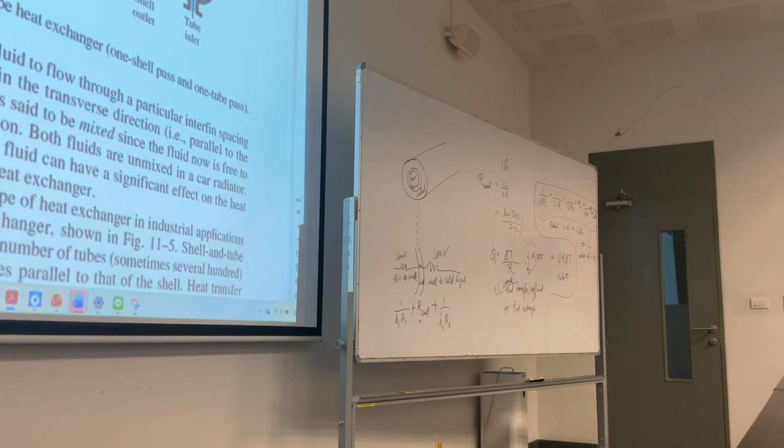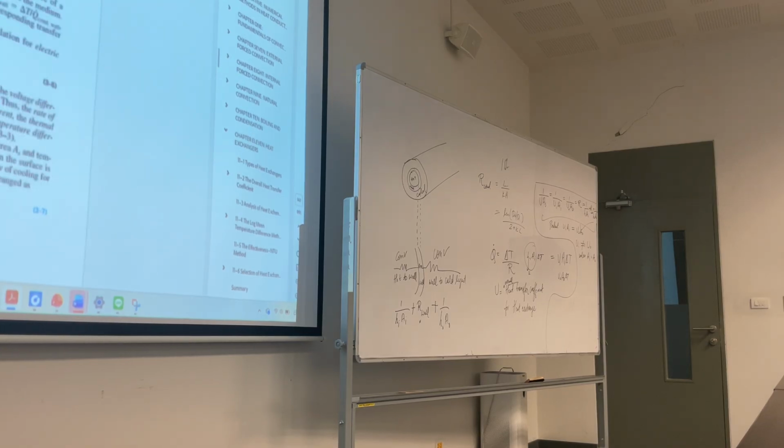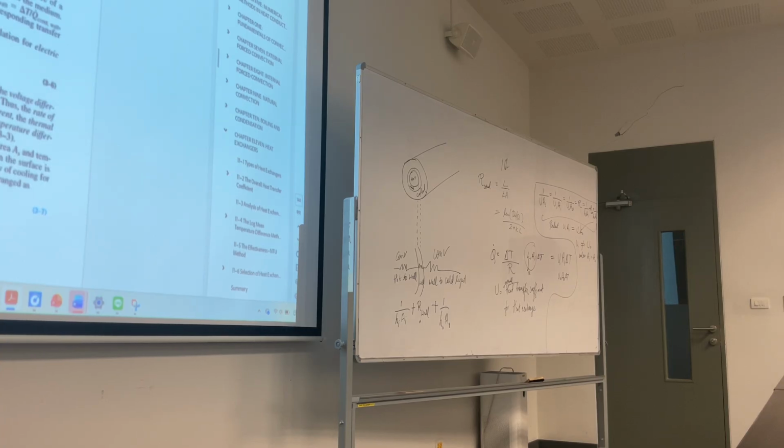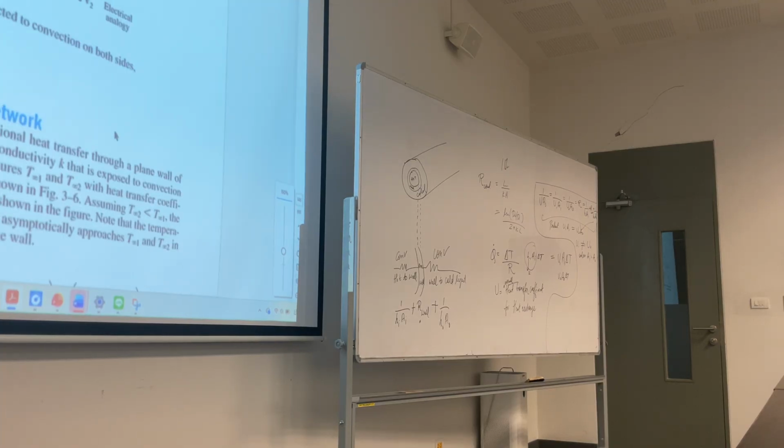Okay, I will show you chapter 3 alongside. This was chapter 3, steady heat conduction, if you remember, right? Remember this stuff from chapter 3. Same stuff, now we are introducing overall heat transfer by the heat exchanger. Same analogy, same method.